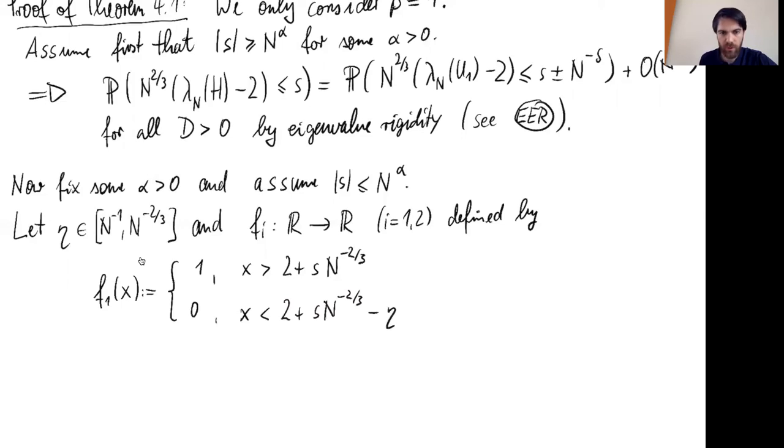Here the interpolation is over a window smaller than eta, so the eta scale just separates them. And f 1 is non-decreasing, and 0 otherwise, and f 2 is a shifted version.